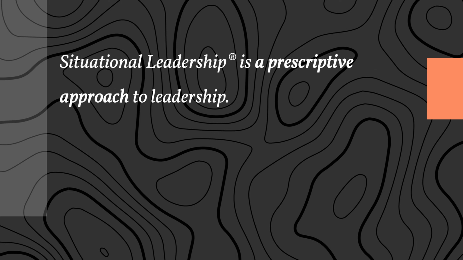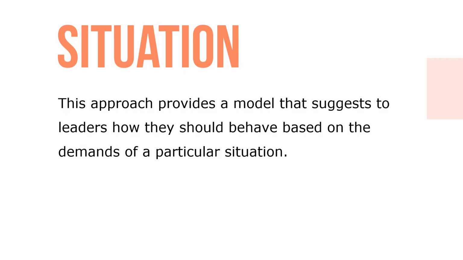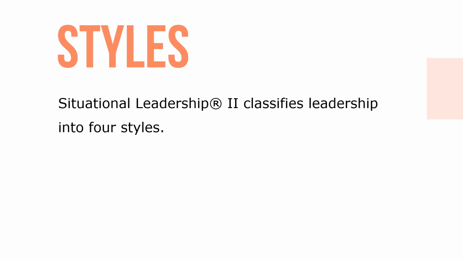Situational leadership is a prescriptive approach to leadership. It suggests how leaders can become more effective in many different types of organizational settings. This approach provides a model that suggests to leaders how they should behave based on the demands of a particular situation. Situational leadership classifies leadership into 4 styles.